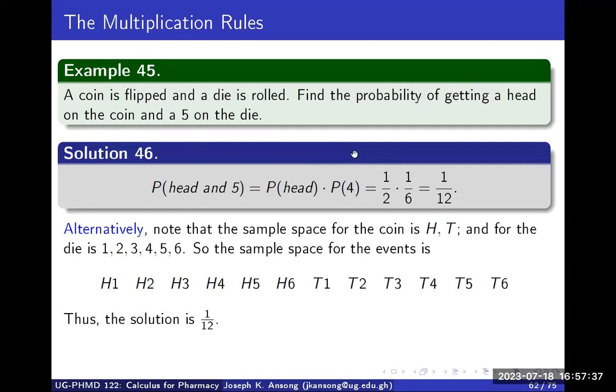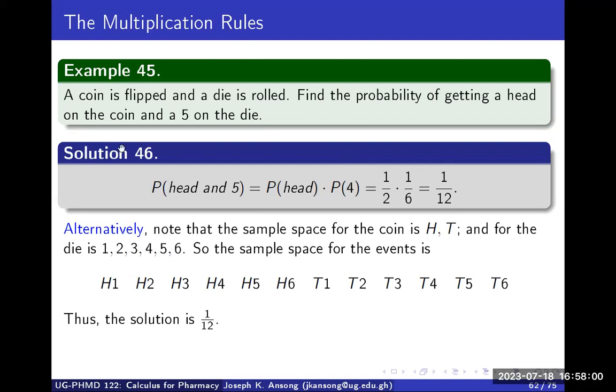The probability of getting a head is 1 out of 2. The probability of getting a 5, or even a 4, is 1 over 6. If you multiply, you get 1 over 12. So that gives you the probability.